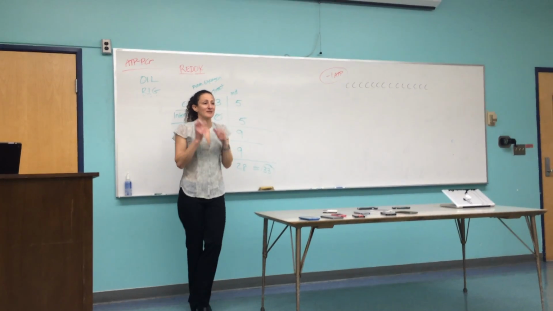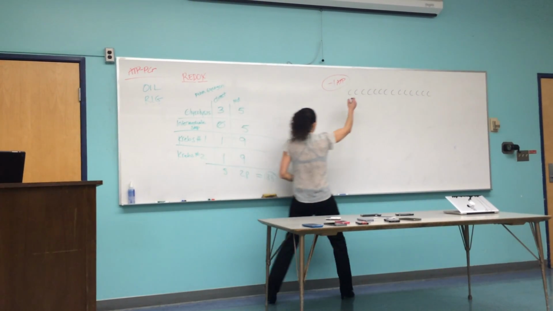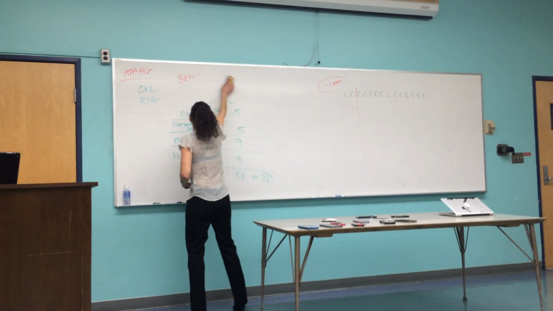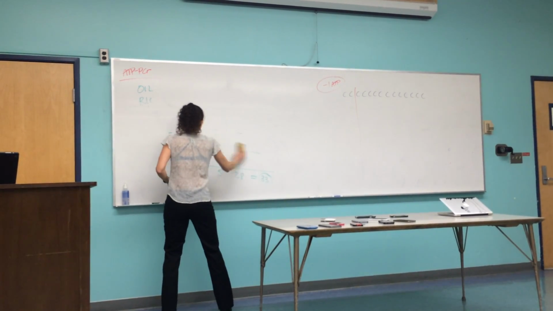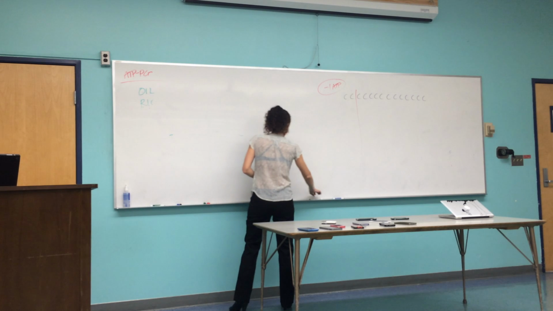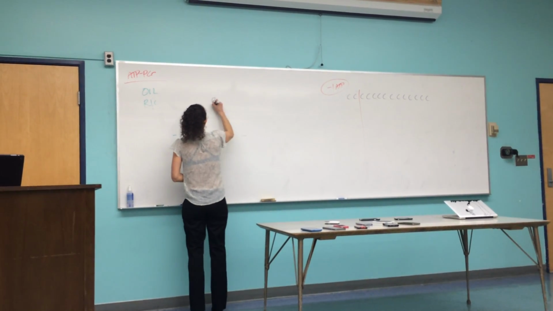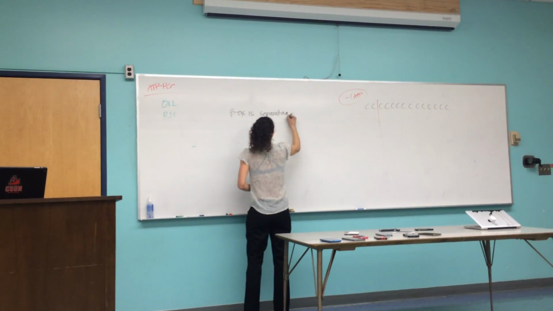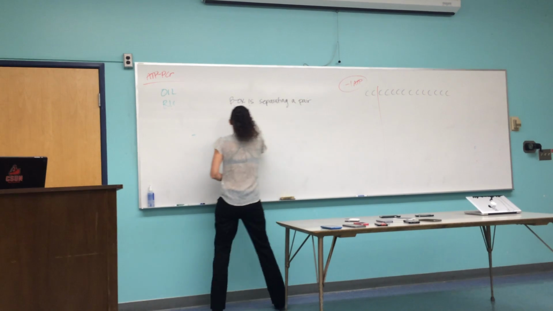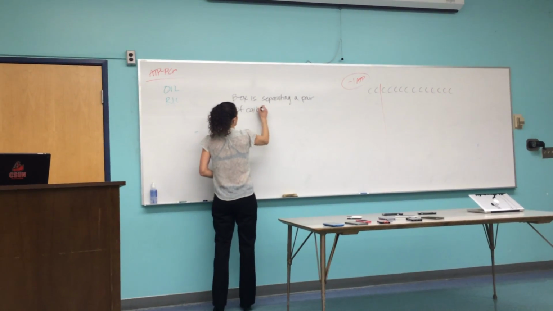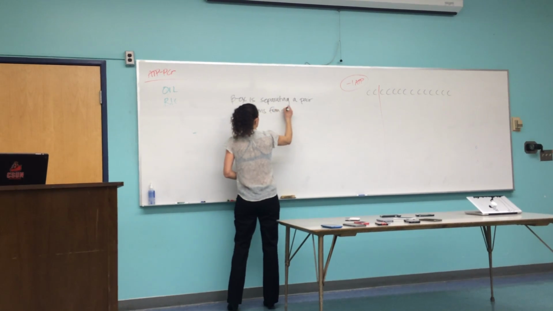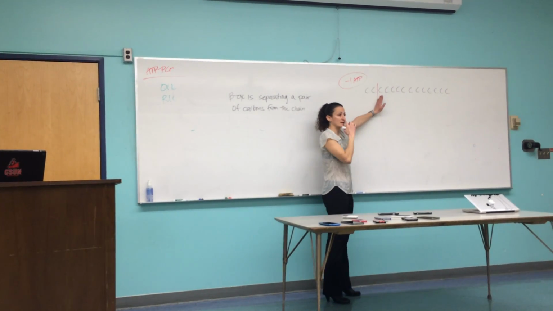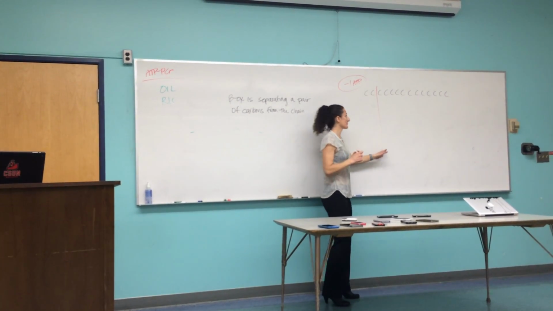The process of beta oxidation means you're separating a pair of carbons from the chain. Each time you go through beta oxidation, you separate a pair of carbons from the chain.